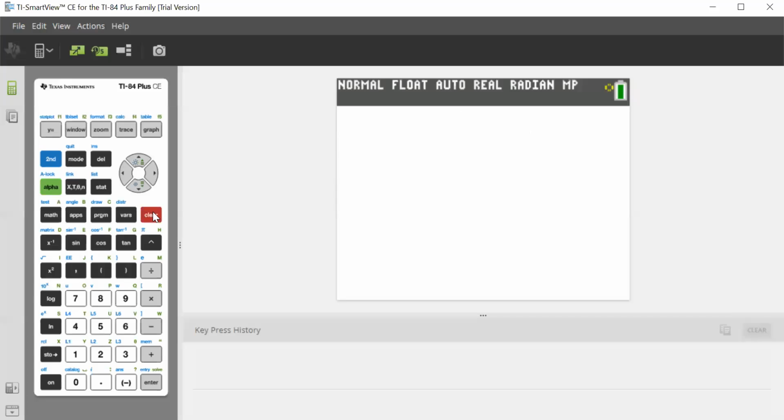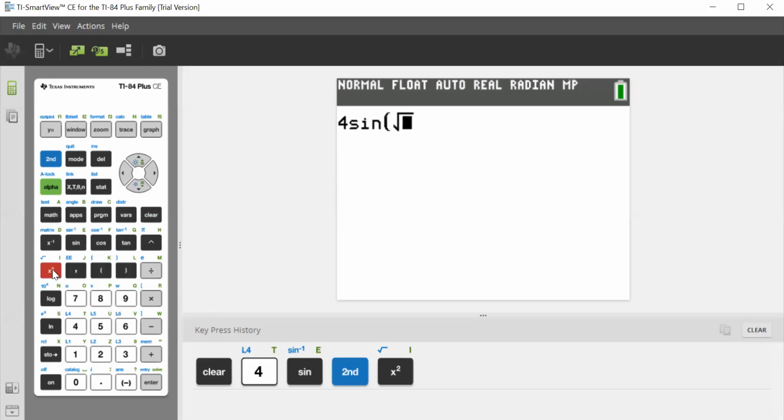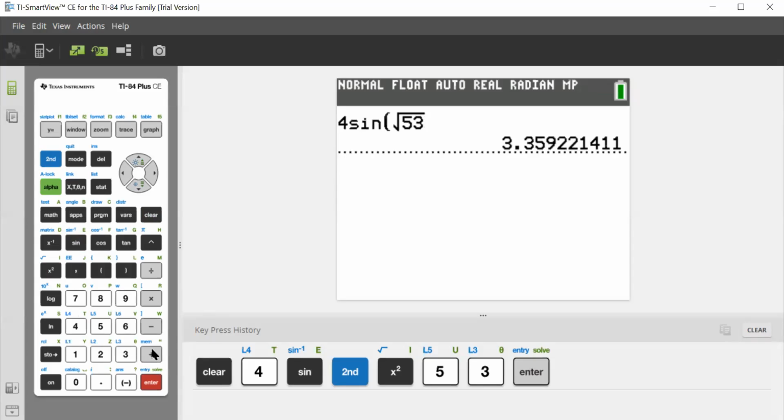All right. So first off, what do we have? We had 4 sine root 53. And then we need to add to that 5 times f prime of 4.